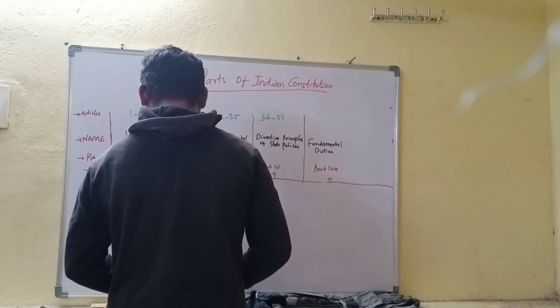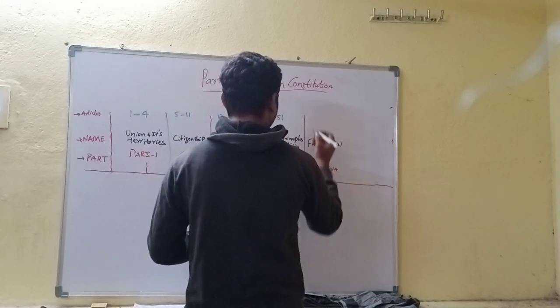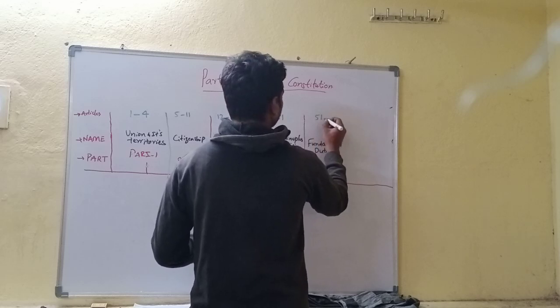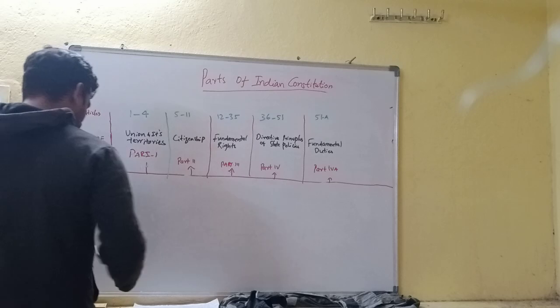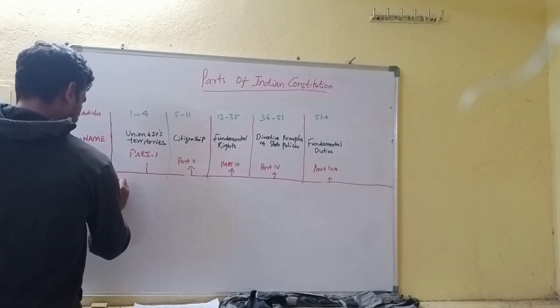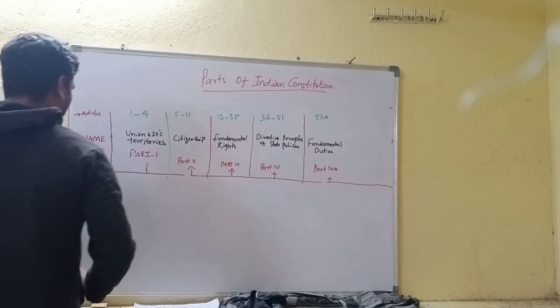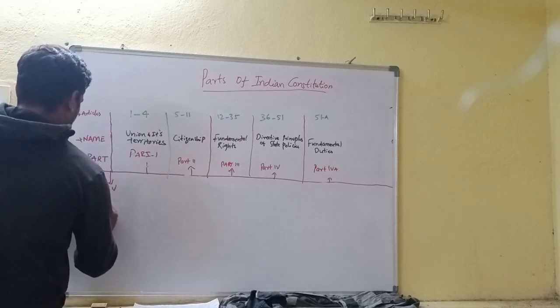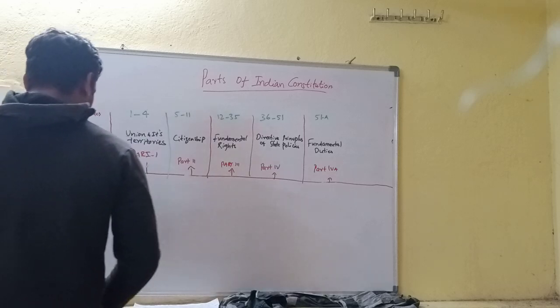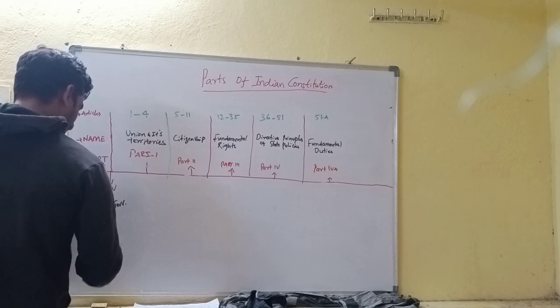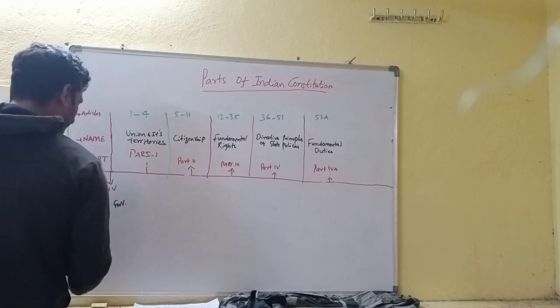What are the articles covered here? 51A. Next, Part 5. It is the Union government. Articles 52 to 151.